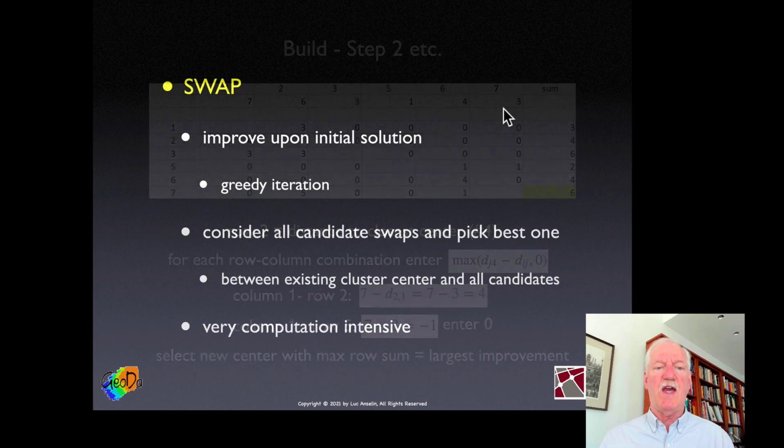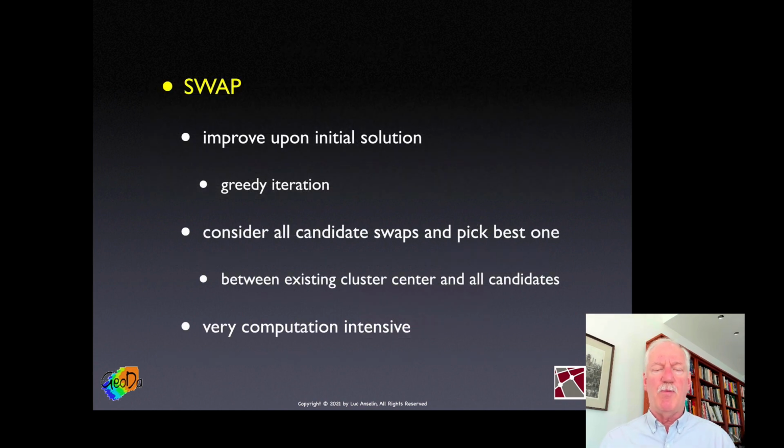Okay, once we have K, and this is a little bit more complicated, how do we improve upon the initial solution? And this proceeds just like in K-means, greedy iteration. We always make a step that improves, and we take the step that makes the biggest improvement. That's where the greedy part comes from.